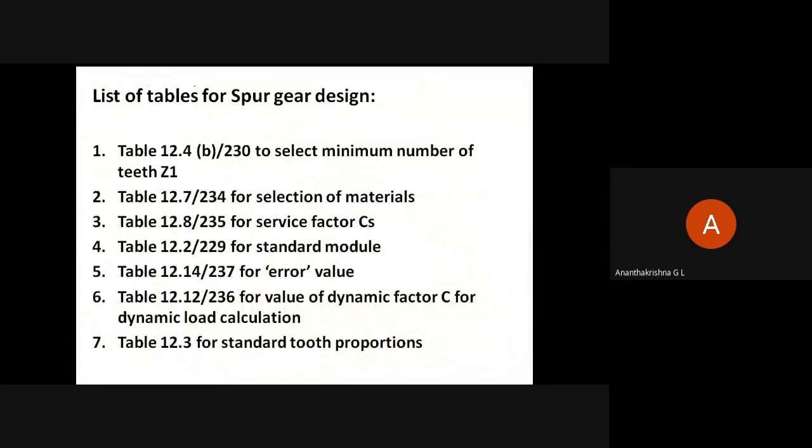We saw it in the table for minimum number of teeth on pinion, according to table 12.4b, page number 230. Minimum number of teeth for 20-degree full depth involute is how many? Yes, it is 12.